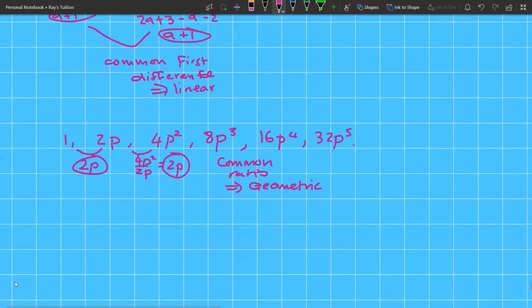Okay, so let us just summarize the results that we have. If it has a common first difference, then what we will have is a linear pattern. If it has a common second difference, then we have a quadratic pattern.